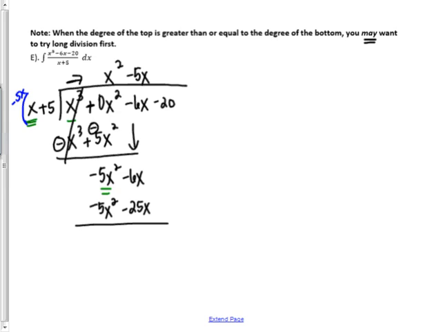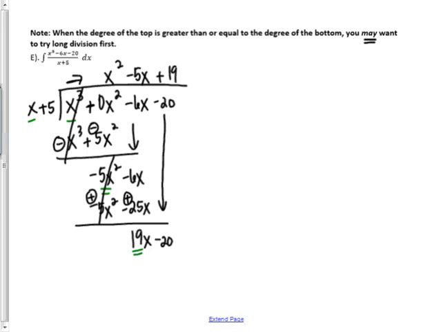Draw a line, change your signs on the bottom. So that one goes positive, that one goes positive. Those cancel, and 25 minus 6 is going to be 19x. Bring down your negative 20. Okay, so now start back over one last time. Now we say how many times would x go into 19x, and it goes 19 times.